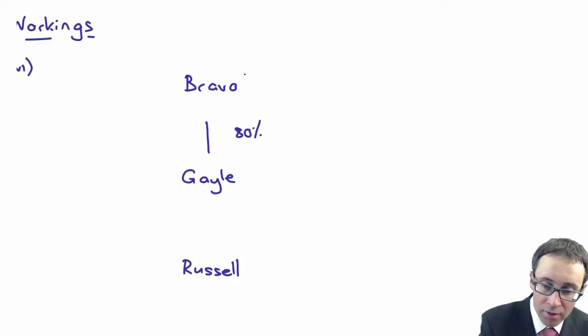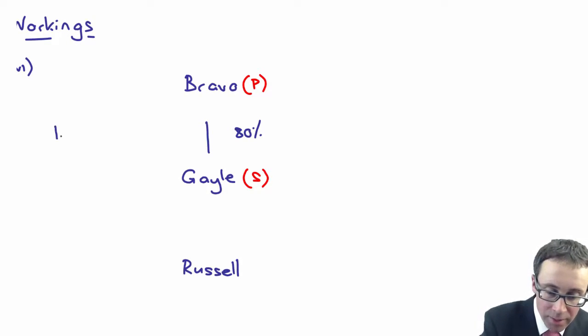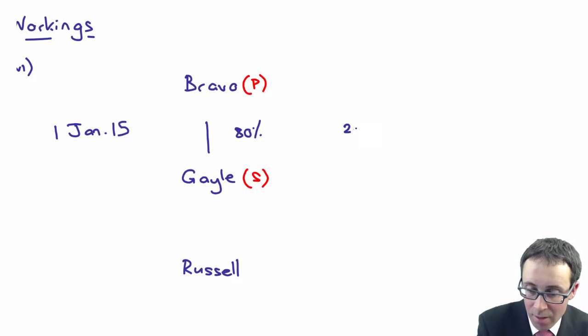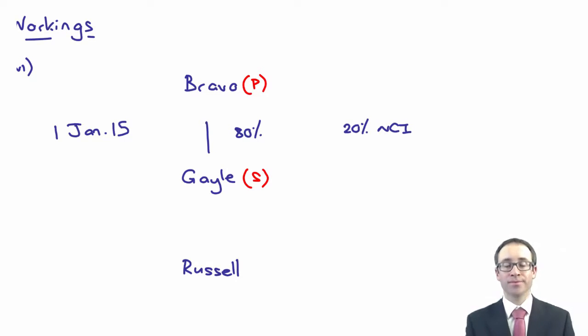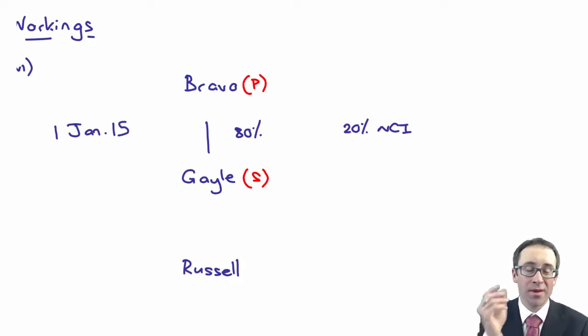So that means that Bravo is the parent, Gale is the sub. That took place on the 1st of Jan 2015. And that must mean that there is a 20% non-controlling interest. Okay. Everybody happy with that? Nice and simple.